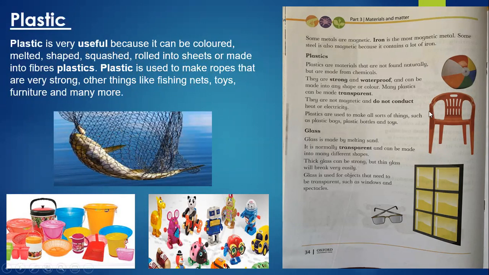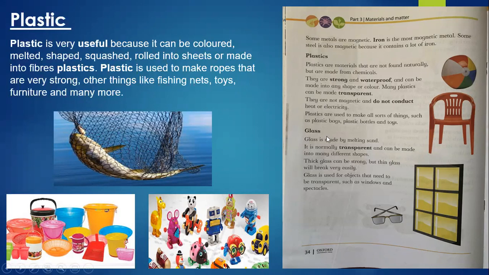Even your furniture, like this chair, and the tables in your houses are made of plastic. Nowadays, the use of plastic has become very high in demand. Look around you, take a look at how many things are made of plastic in your room. Then you will find that so many things around you are made of plastic.